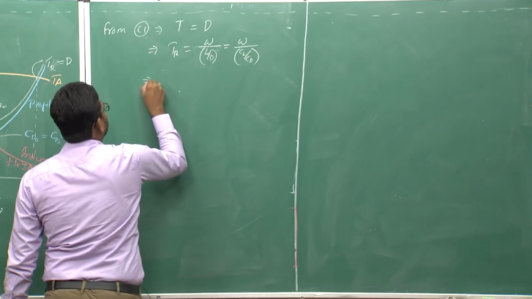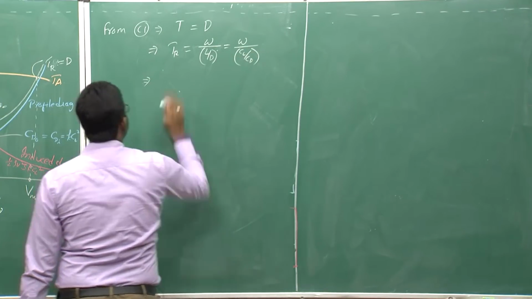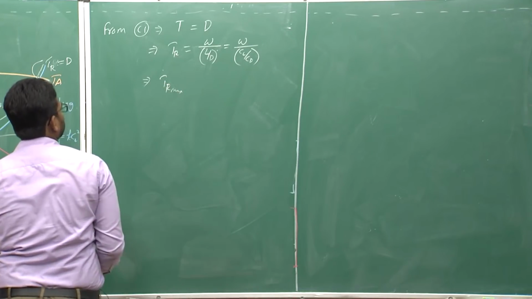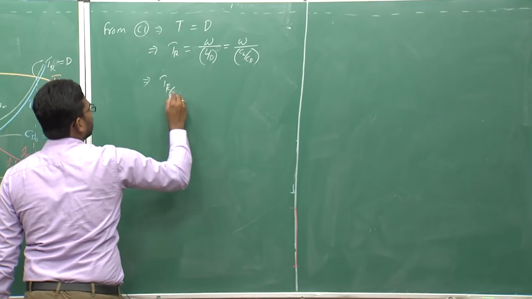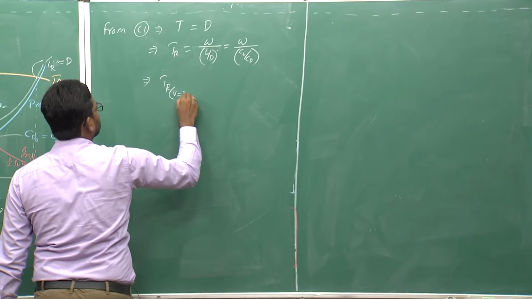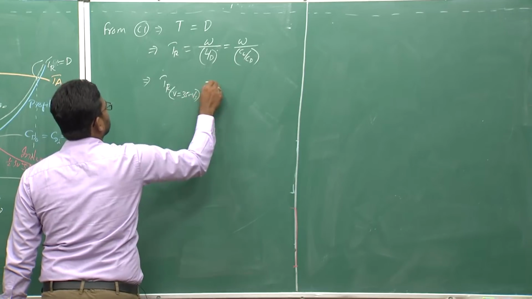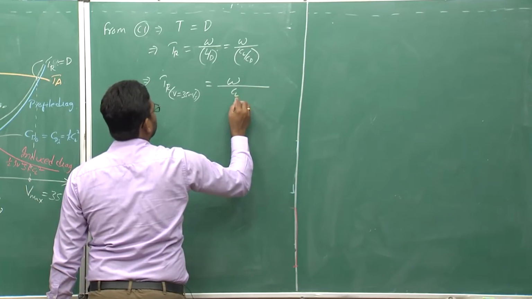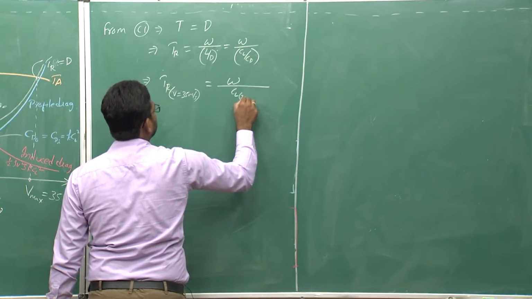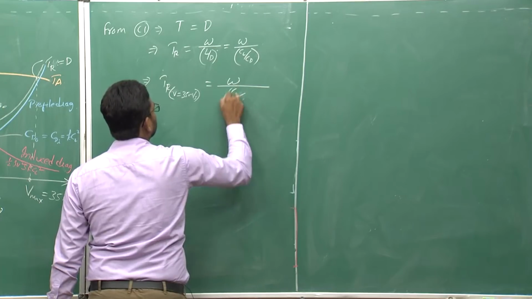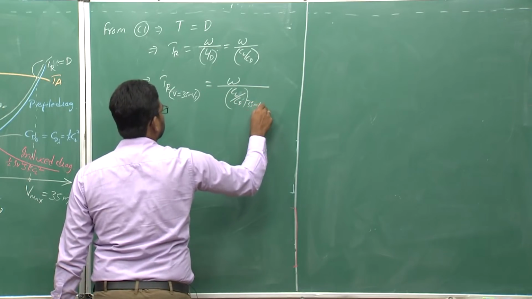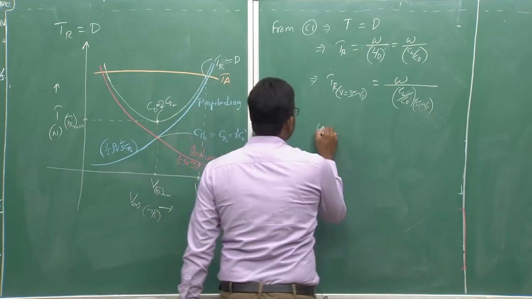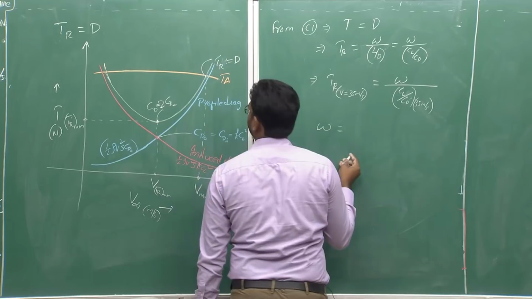So, for maximum TR, or TR at velocity 35 meters per second, it is equal to W by CL by CD at 35 meters per second. Right. So, what is the weight of this system, which we have earlier calculated?